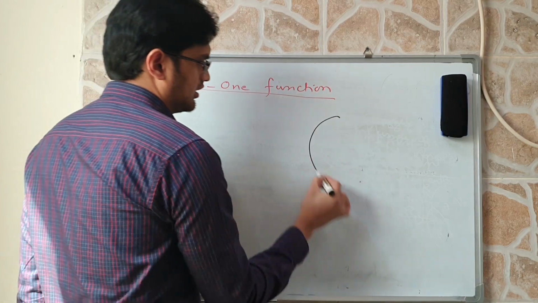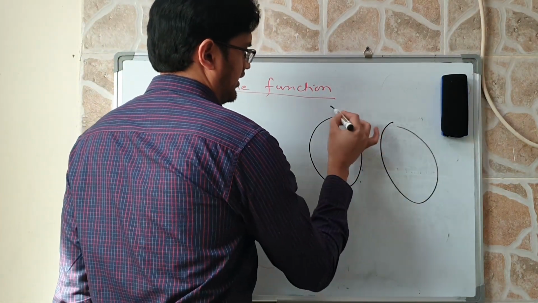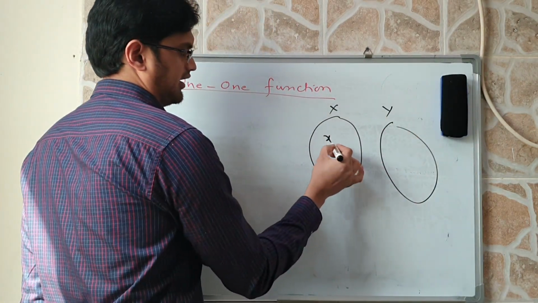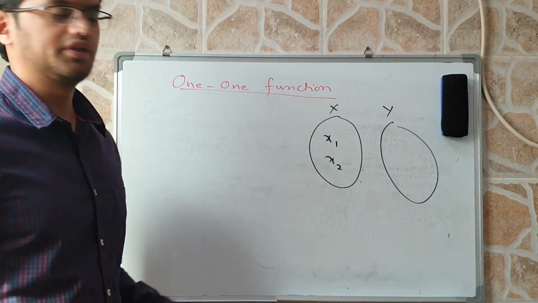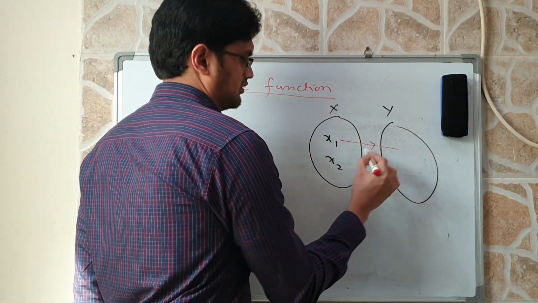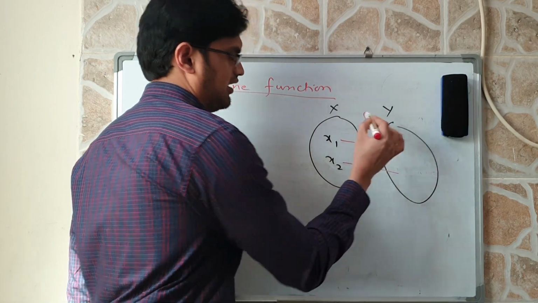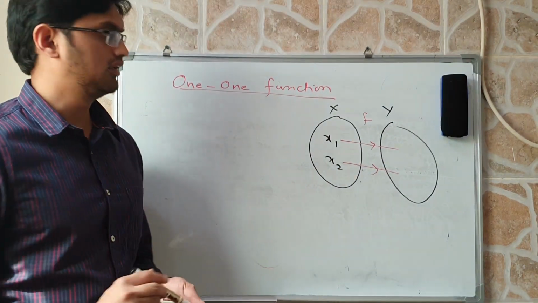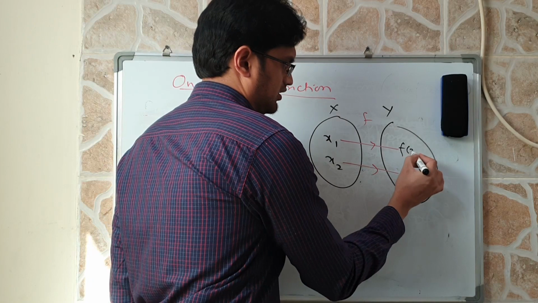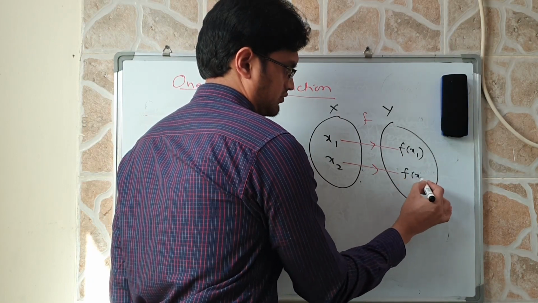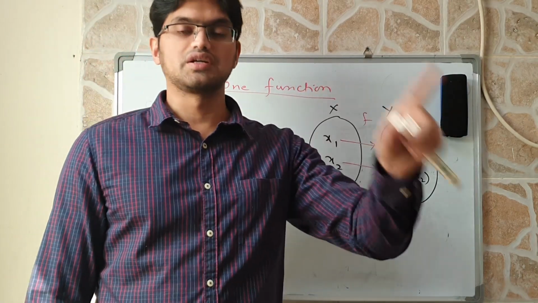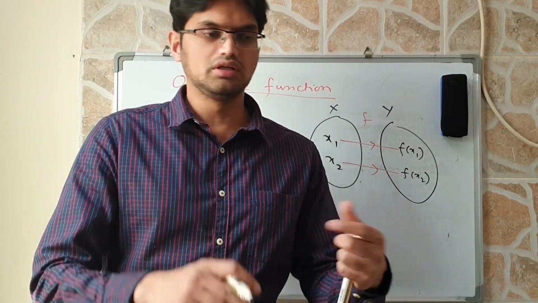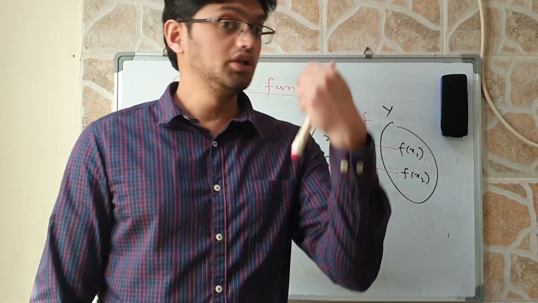So to prove, let us note this. I'll draw X and Y, here x1, x2, and the images f of x1 and f of x2. So what are the conditions for a one-one function? To solve the problem, we'll use these conditions.